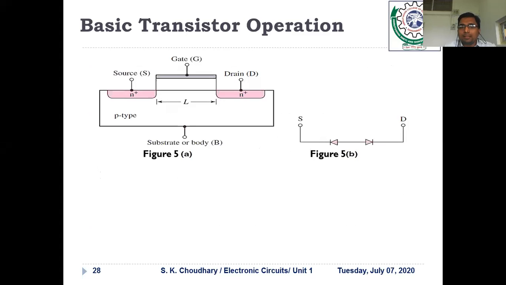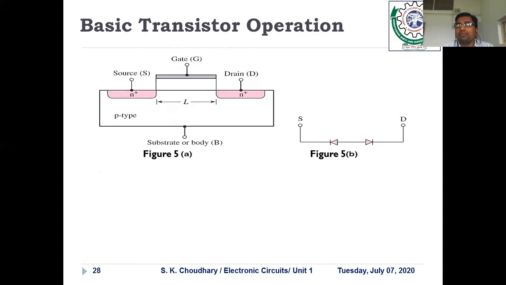Now we have to see the operation of the MOSFET. So what is the basic transistor operation? This is the cross-sectional view of the MOSFET. Previously we saw the 3D diagram.